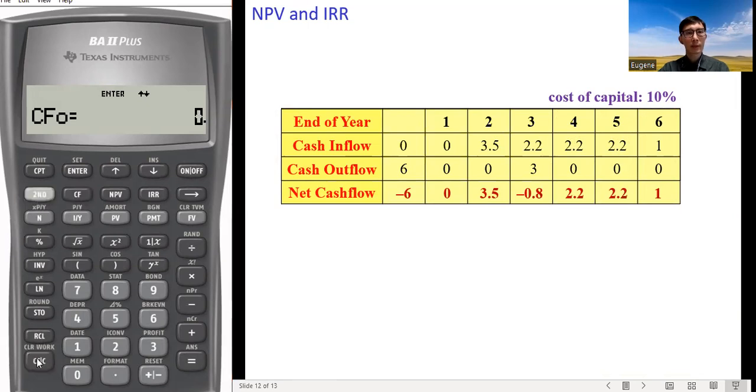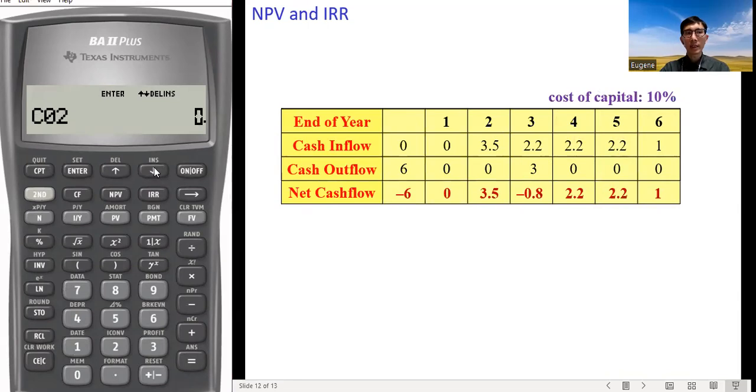Clear the memories. CF0, -6. All are in $1 million. And then C01 is 0. Do not skip that. Enter 0 for C01. Frequency is 1.